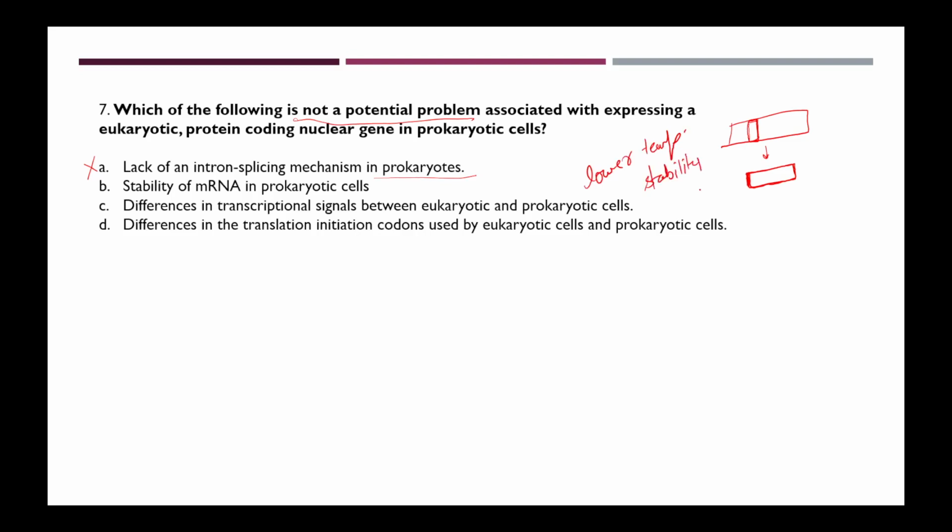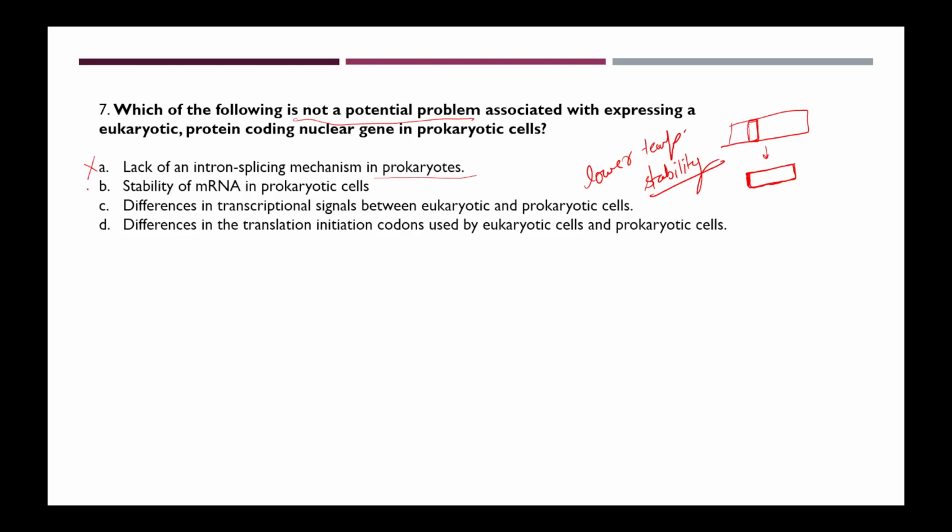Suppose the normal temperature of bacteria is 37 degrees and you cannot see the protein; there is a chance that the mRNA being formed is not stable. You try to decrease the temperature, provide the induction, and see whether you are able to see some amount of protein or not, because lower temperature makes the RNA and protein stable.